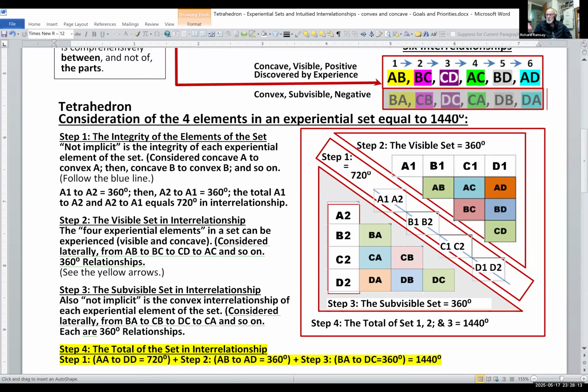Well, I think what Steve has done there is he's shown the one combination, and then he's shown the converse. So instead of AB, there's a BA, and instead of AC, there's a CA. And that to me speaks to this question of the minimum number of connections. The A1, B1, C1, D1 sets up the minimum 6.